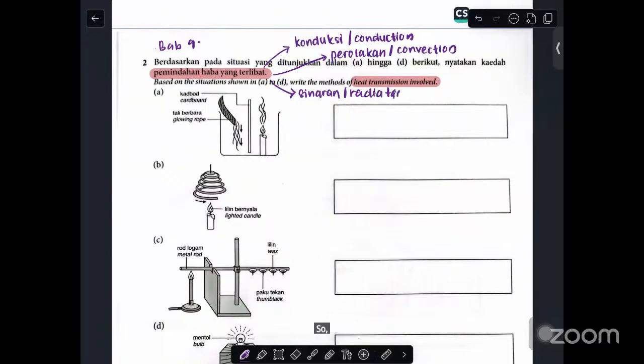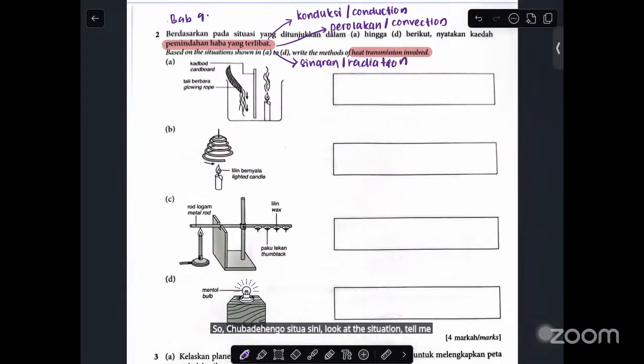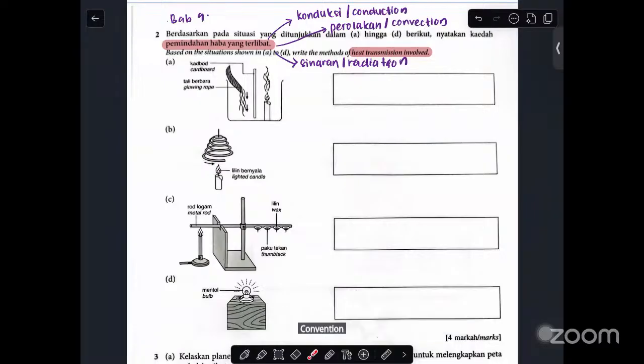So, cuba tengok situasi ni. Look at the situation. Tell me yang mana satu conduction, perolakan and sinaran. Which one is conduction, convection and radiation? Pelajar yang dah belajar, buat dulu. The students who haven't done, wait for me to explain. Cuba tengok A. Students who have already learned, you should be able to understand this.